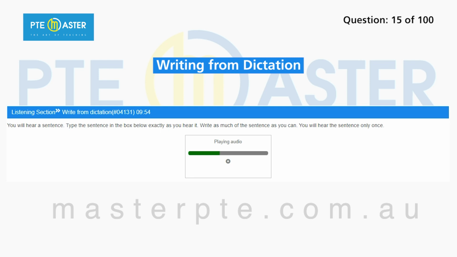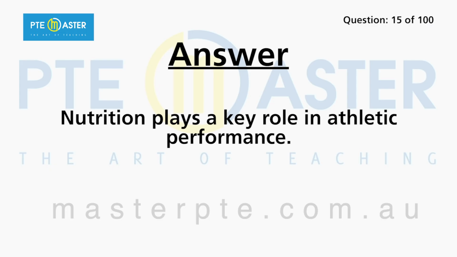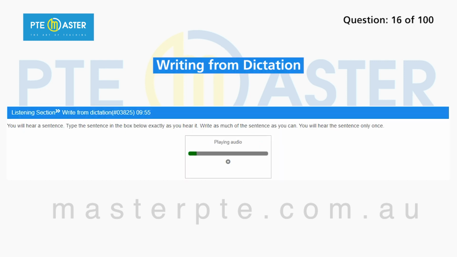Nutrition plays a key role in athletic performance. Students would develop confidence in their ability to think critically.